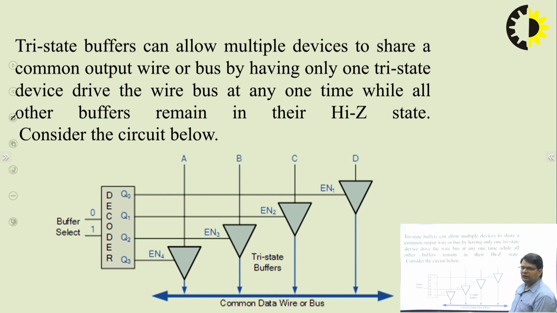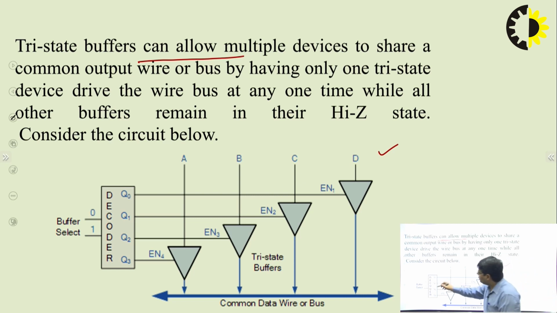Next, one application is shown here. Tri-state buffers can be used to solve the bus contention problem. Here we can see that we can use this tri-state buffer for selecting the corresponding output logic.